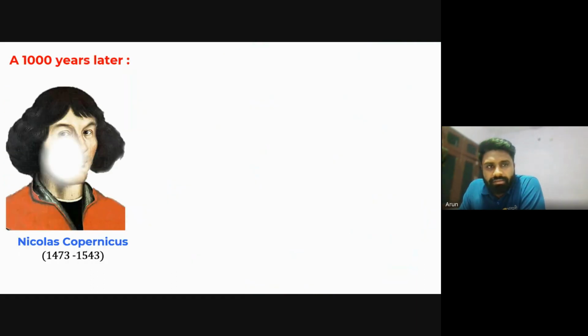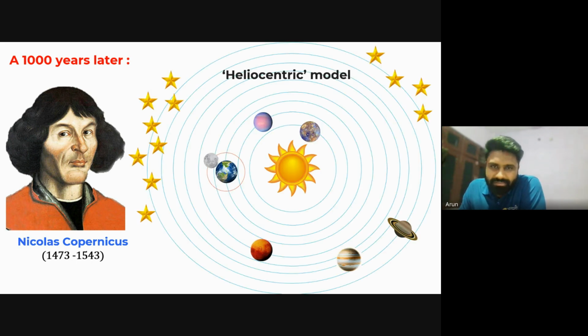Then 1000 years later, we had a person named Nicholas Copernicus. I think each and every one of you is aware of this name and has heard it a lot of times. He also worked on the same model and made fine observations of it. Precisely, he has observed it.